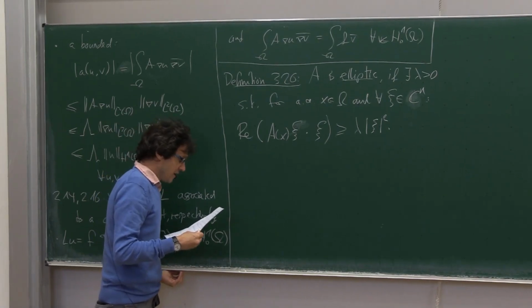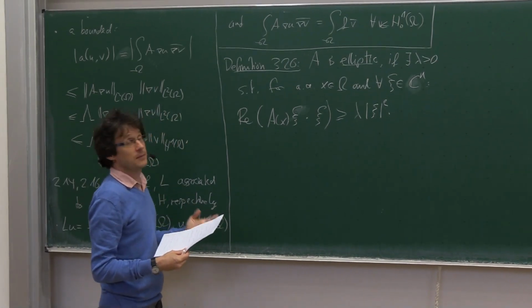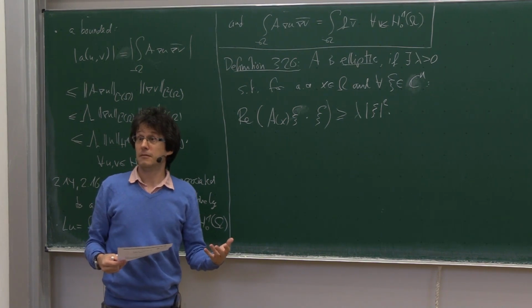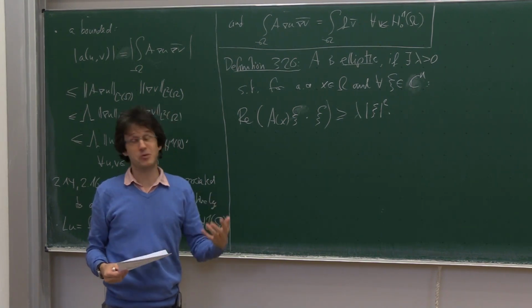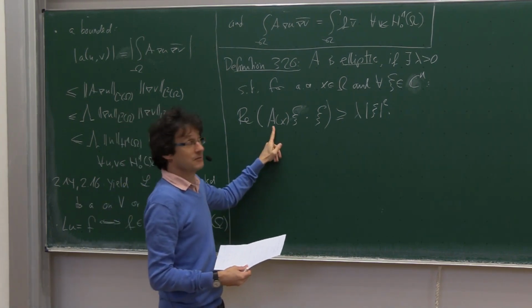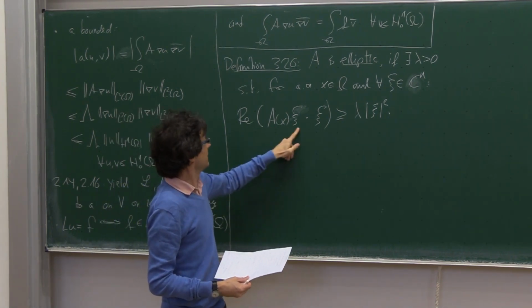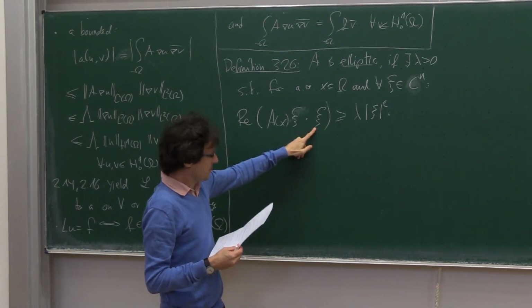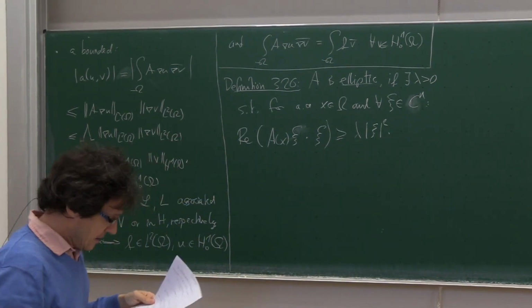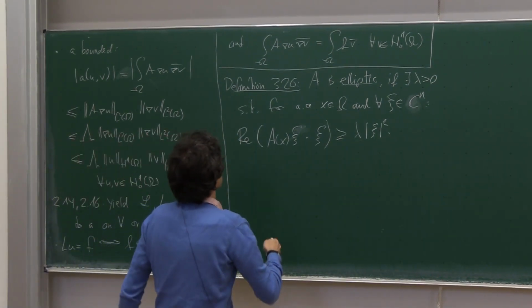Okay, and whenever you have a matrix like that, we call that an elliptic matrix. Example: the identity, the Laplace operator, the most important elliptic operator in divergence form. If A is constantly the identity, then you can take lambda equals 1 and everything works out fine.